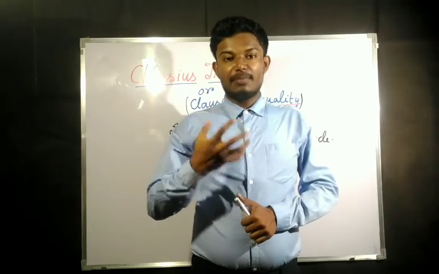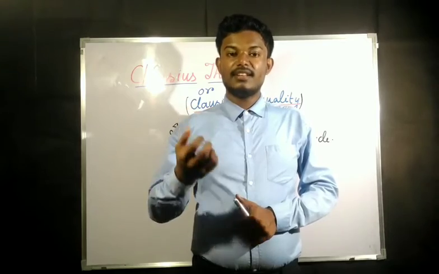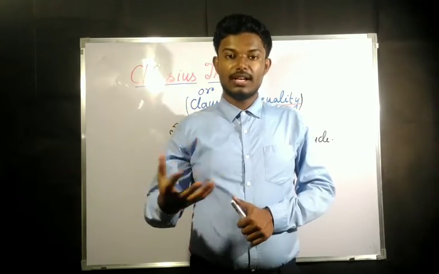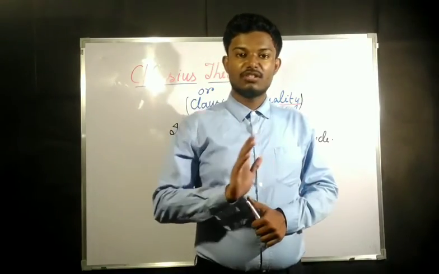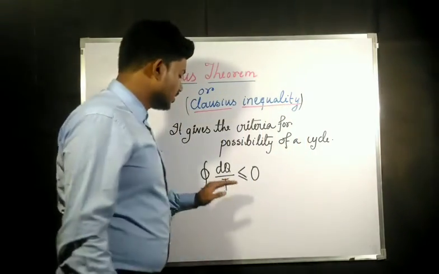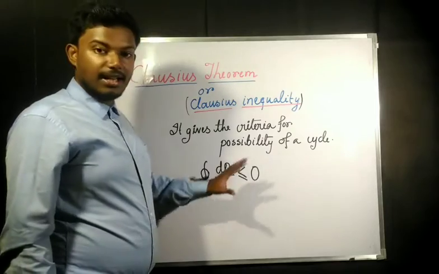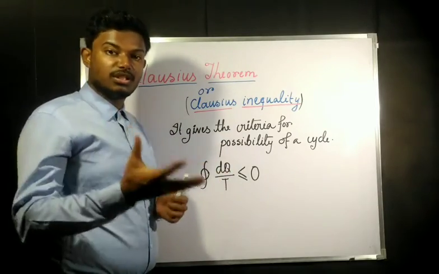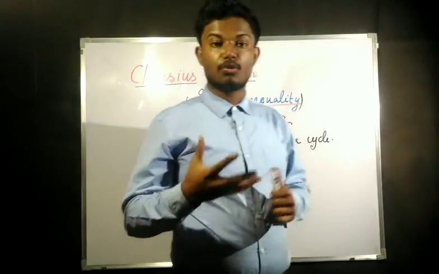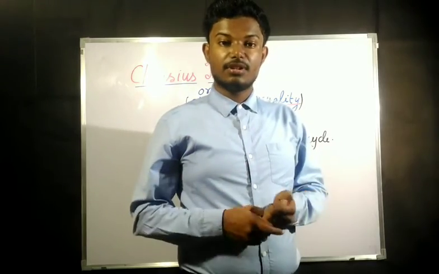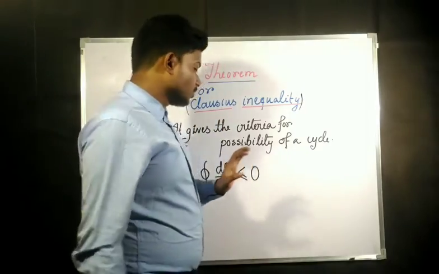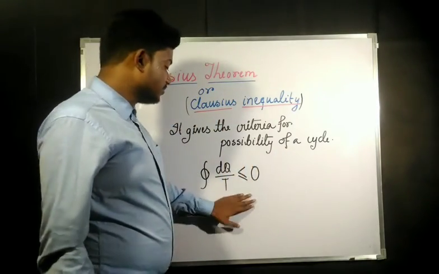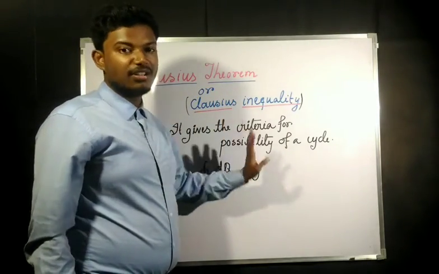After applying both, if it is shown that this is possible, then only you can apply the proposed theorem, or the proposed project which you are going to establish. That means you are going to give some heat and take out some work. So this is going to be fulfilled by this equation combined with the first law of thermodynamics.